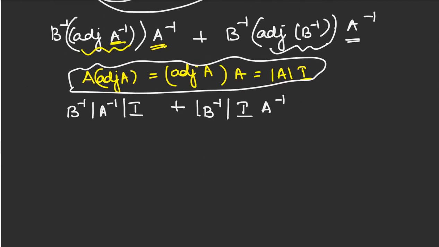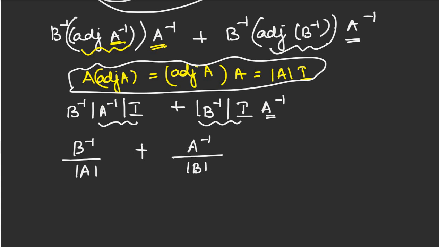Now, next step, this B inverse determinant of A inverse into I can be written as determinant of A. Similarly, determinant of B inverse into I, this A inverse I write, so this is A inverse divided by determinant of B. What is missing here?